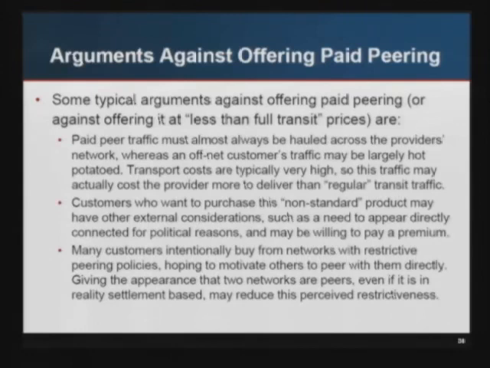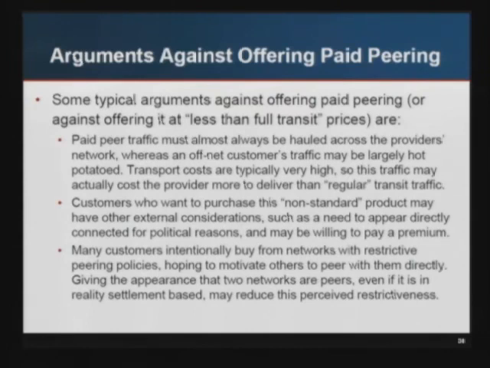And then you get into a situation where customers intentionally buy from networks with restricted policies, hoping to motivate others to peer with them directly. So for example, if I think that Sprint has a restricted policy and I go out and buy from Sprint, specifically because I think that you don't peer with Sprint and that's more likely to make you want to peer with me, maybe I don't want to buy from Sprint anymore if Sprint gives cheap paid peering away and all of a sudden it doesn't look like that's the situation.